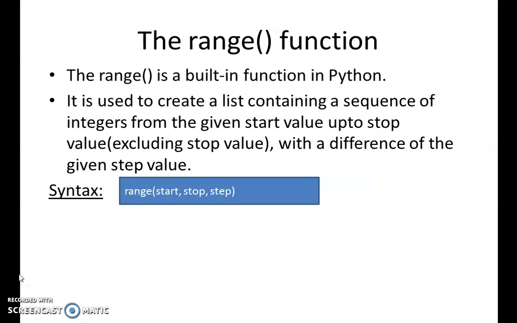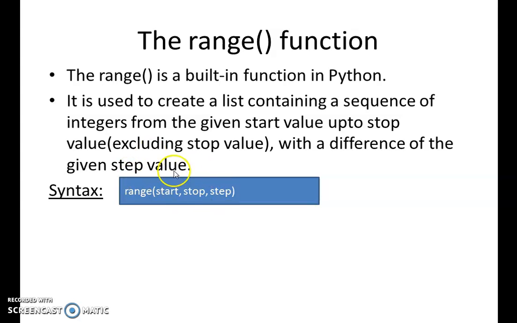Now we will see the range function that we use with looping constructs. So basically range is a built-in function in Python, and syntax is first we write range and inside parenthesis we write 3 value. First is start value, next stop value, and the last one is step value.